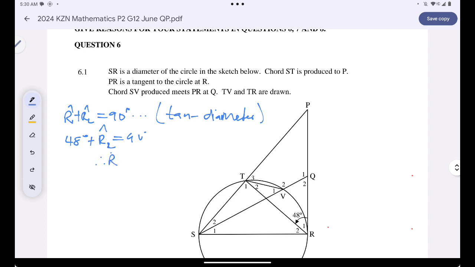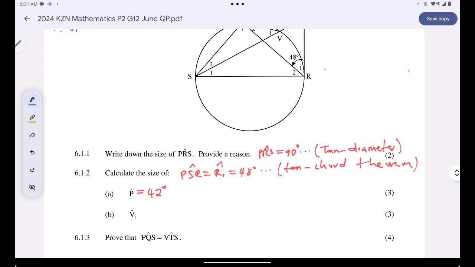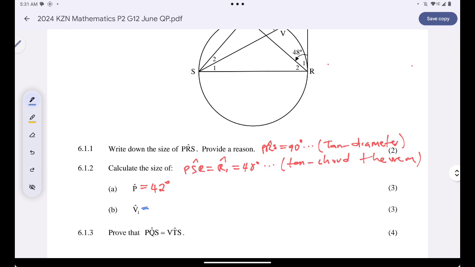Therefore, R2 is equal to 42 degrees. Now I know that R2 is 42 degrees. I can simply say that, therefore, V1, which is equal to R2, is also 42 degrees. Why? Because these two angles are angles in the same segment. All together. So V1 is also 42 degrees.